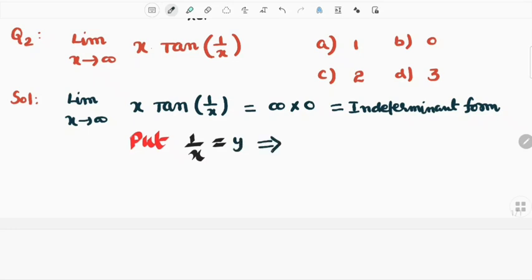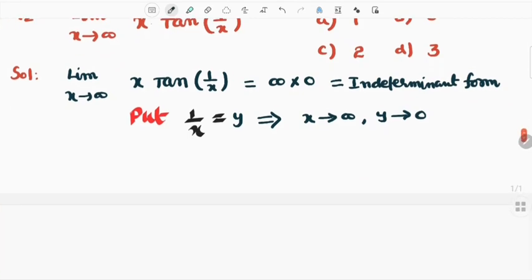That implies that as x tends to infinity, y tends to 0. Why? Because as x tends to infinity, 1 by infinity is equal to 0. So the y value goes to 0.